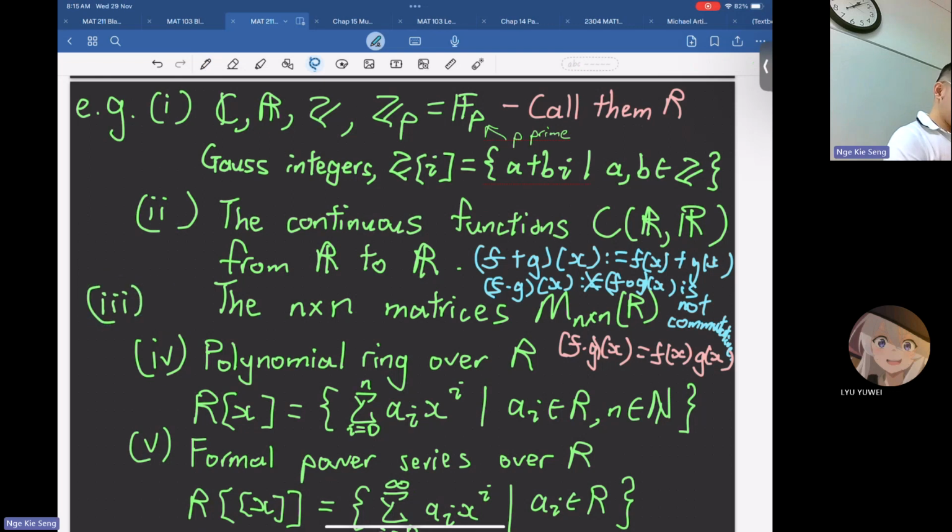The matrix multiplication doesn't commute. So AB doesn't commute with BA. But it forms a non-commutative ring.